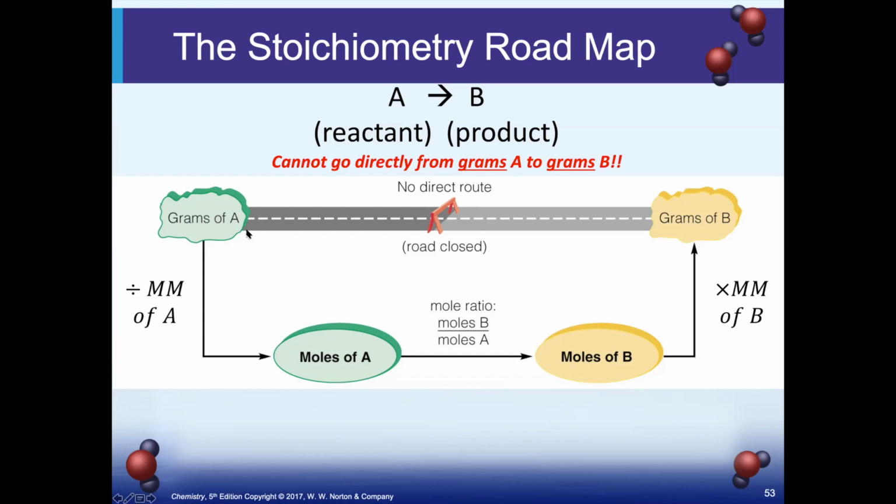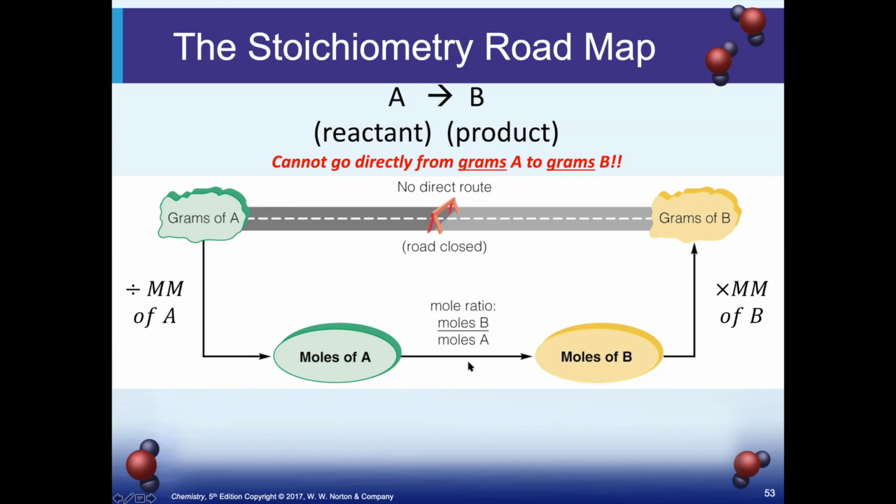So if I know grams of A that I have as a reactant and I want to calculate the grams of B that I will get as a product, then what I need to do first is convert grams of A into moles of A, and I know how to do that based on our lesson yesterday. I just convert grams to moles by dividing by the molar mass. And then you use a mole ratio that comes from the balanced chemical reaction, which we also learned in yesterday's lesson.